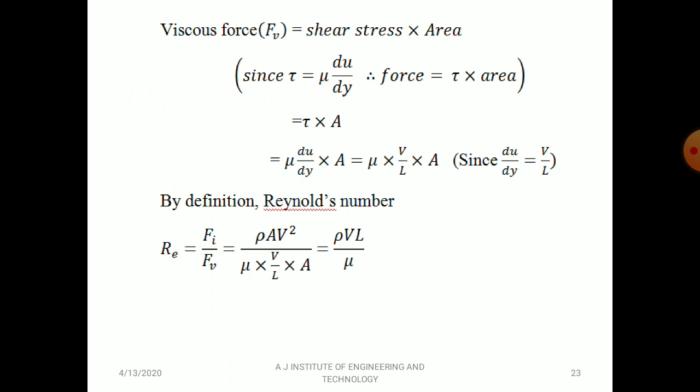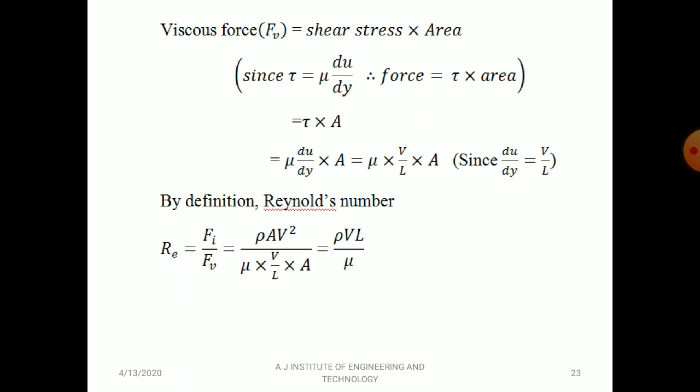But force equal to tau into area, with respect to viscous force. Now you can replace tau by mu into du by dy, so it becomes mu into du by dy into area. But for a linear profile, we know du by dy equal to v by L. Du is v minus 0, dy is L minus 0. So that becomes mu into v by L into area.